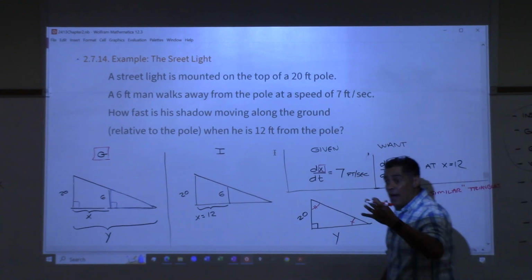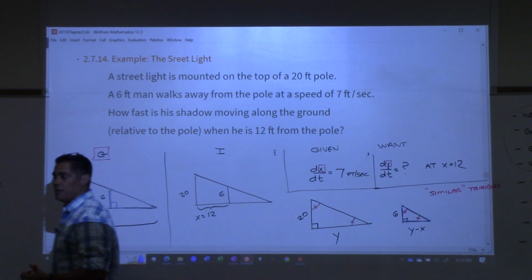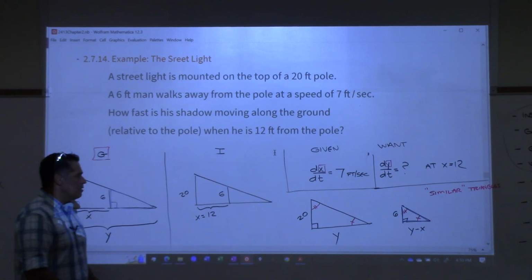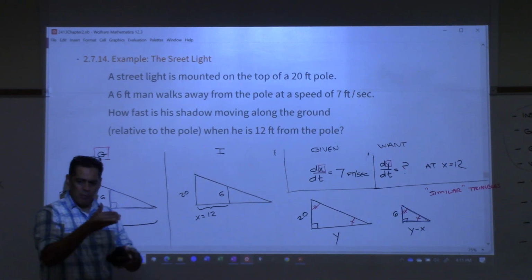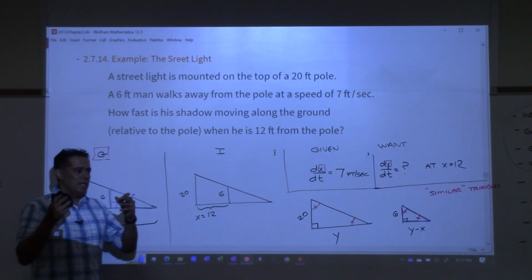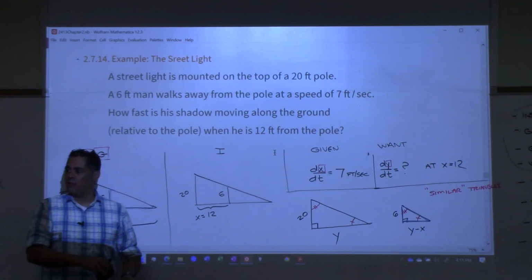And here's where you would have to know something about similar triangles. Anytime you have two triangles that are similar, that means the ratio of corresponding sides must be equal. What does that mean? That means that if you take the ratio of any two sides, ratio meaning a fraction, made out of any two sides of the triangles, it'll be equal to the same ratio on the other triangle.